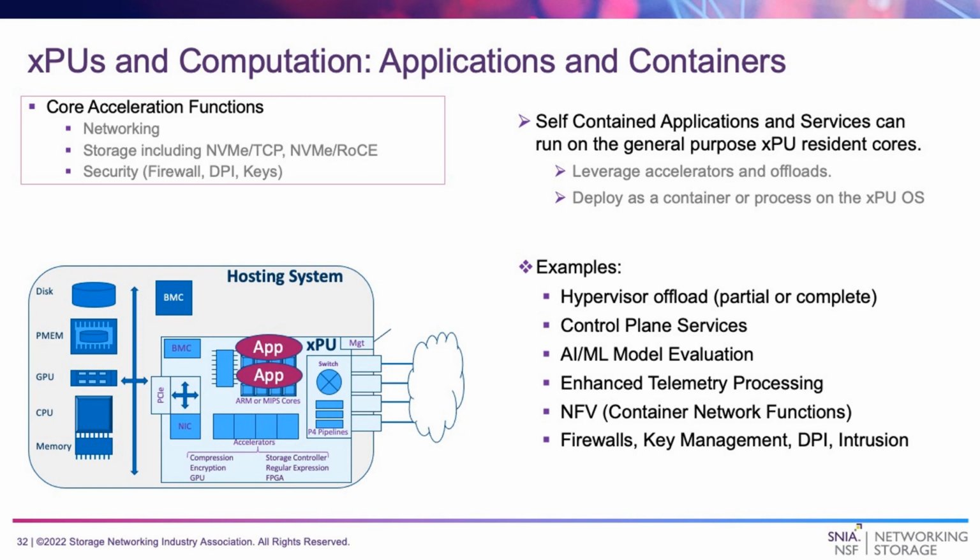But the application doesn't actually have to have anything to do with those. It could just be a general purpose application. It could be a control plane application, hypervisor offload. It could participate in AI ML model evaluation, especially if you have a card built with a GPU or adjacent card with a private bus for GPU.